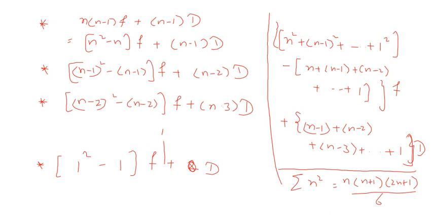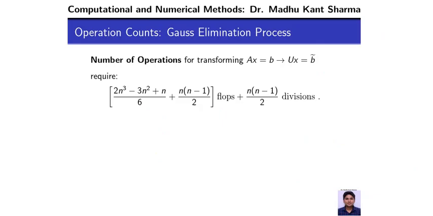If you use them, the total count is the summation of n square, and for the divisions, the sum of n minus 1 natural numbers, n into n minus 1 by 2.